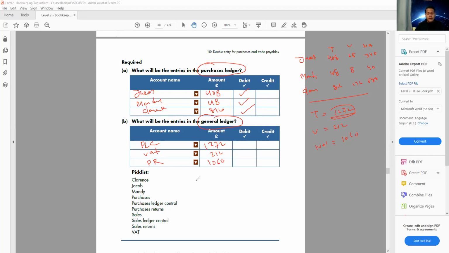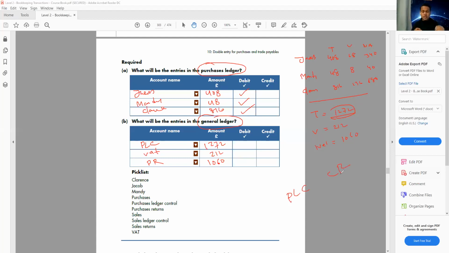Now the first question is, because of the return, am I going to pay more money to the supplier or less money? If I return to my supplier, I'm going to pay them less money, isn't it? I'm not going to pay the full amount that I have purchased. I will pay less money. So normally my purchase ledger control is a credit.